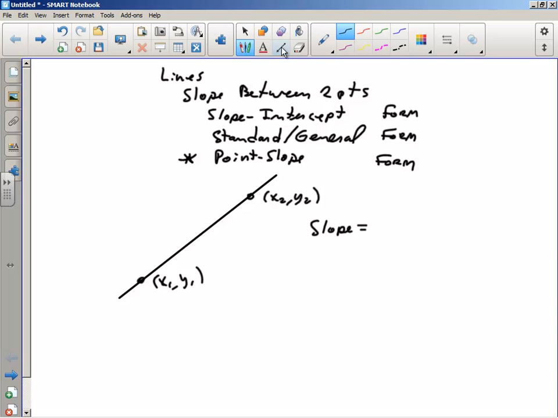Slope equals what? Rise over run. That's the change in the y values divided by the change in the x values.